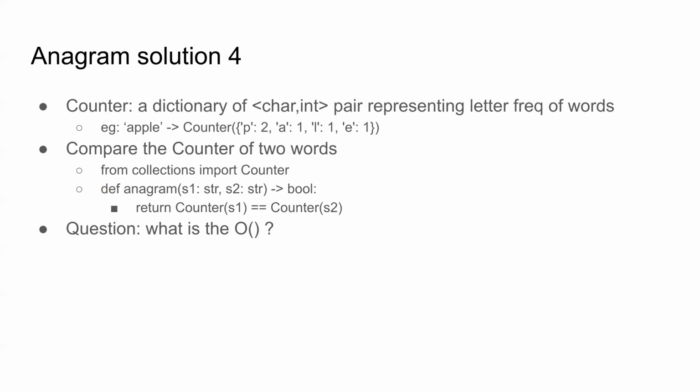Number 4, we can do something with a counter. A counter is a Python library object that can easily count the number of characters in a string. If you say counter of apple, it will give you a dictionary-like construct where the key is each letter, and the value is the number of occurrences of that letter.